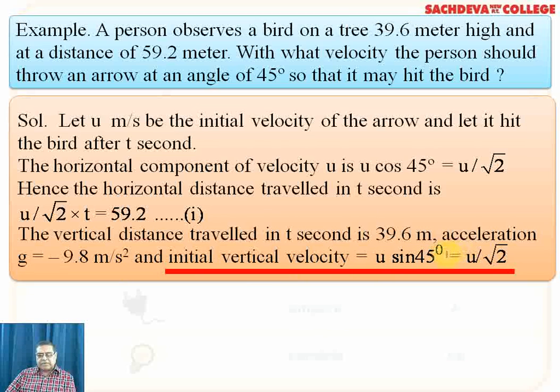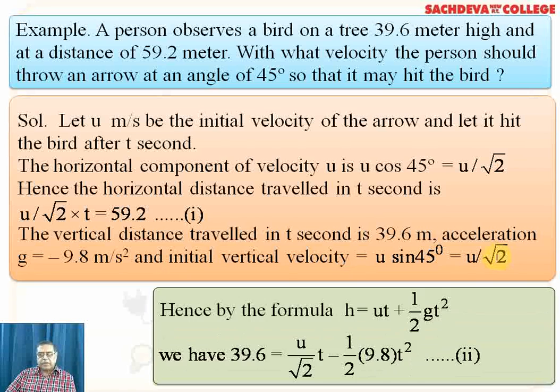Theta is 45 degrees. So it is u sine 45 and sine 45 is 1 over under root 2. The net value will become u over under root 2. Therefore, the formula for the height will be ut plus half gt square.